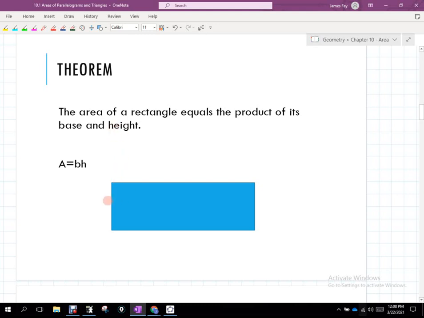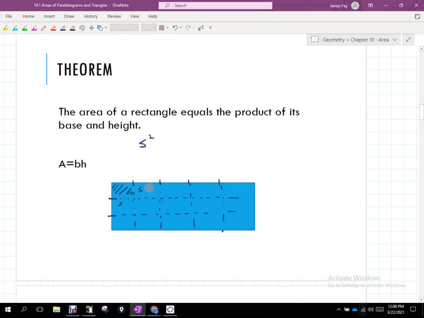Let's go, like if I broke this up into sections like this. A little square here, let's say we broke it up into side S and side S. That little square would be S times S, or S squared, right?